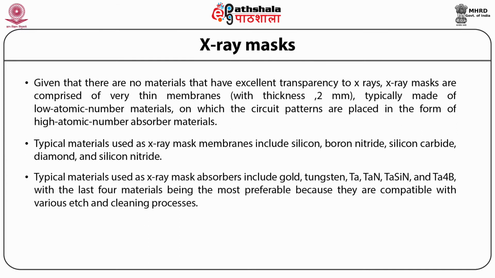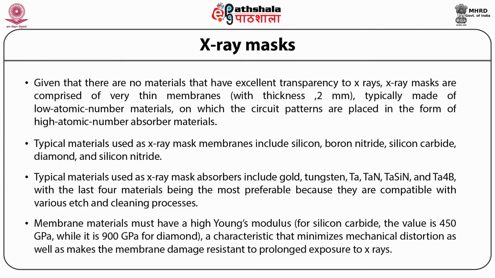Typical materials which are used as X-ray mask absorbers include gold, tungsten, tantalum, tantalum nitride, tantalum silicon nitride, and tantalum boron, with the last four materials being the most preferable because they are compatible with various etch and cleaning processes.